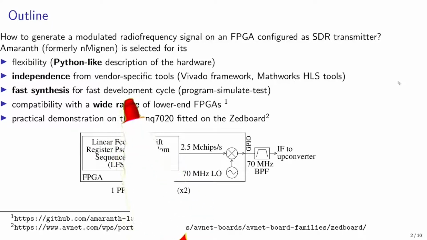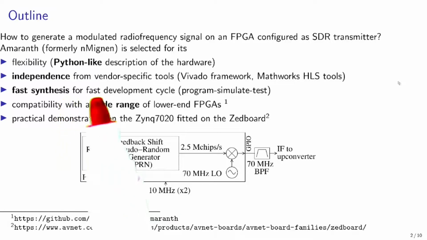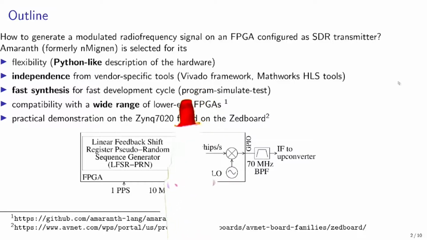We want to avoid dependence on a given framework. Also, we would like to have as fast synthesis as possible. When you synthesize a full RFNoC framework, for example for Ettus Research high-grade SDR radio frequency devices, you will have multiple hour synthesis duration. In our case, we would like our setup to be able to synthesize in a few minutes, so we have a fast turnover and are able to test multiple ideas.